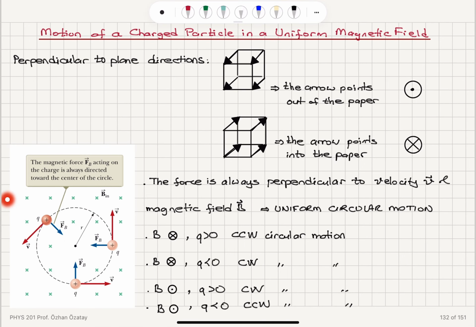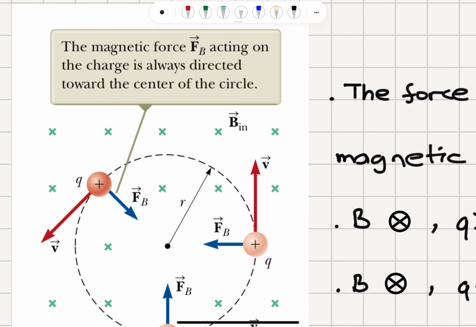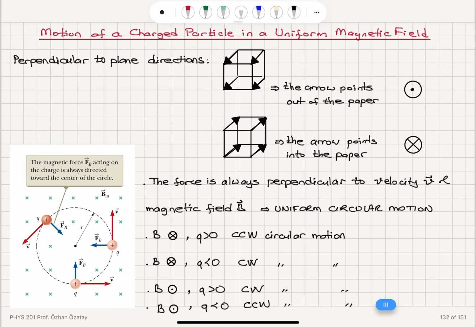If the magnetic field points out of the page and the charge is positive, then V cross B will give me a force that points in the opposite direction, and that will give me clockwise circular motion. If Q is negative, once again, the sense of the circular motion will change. It will become counterclockwise circular motion.